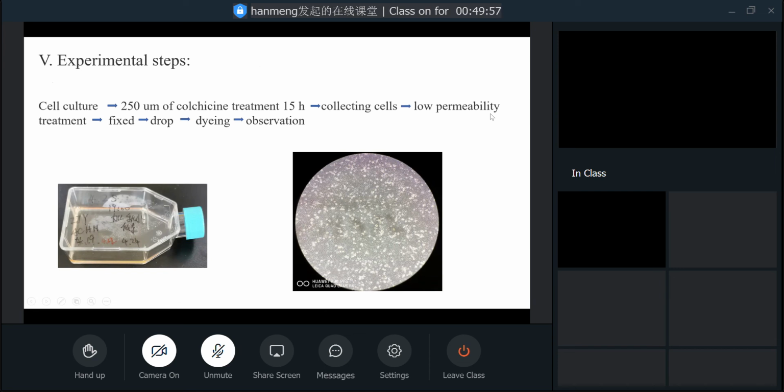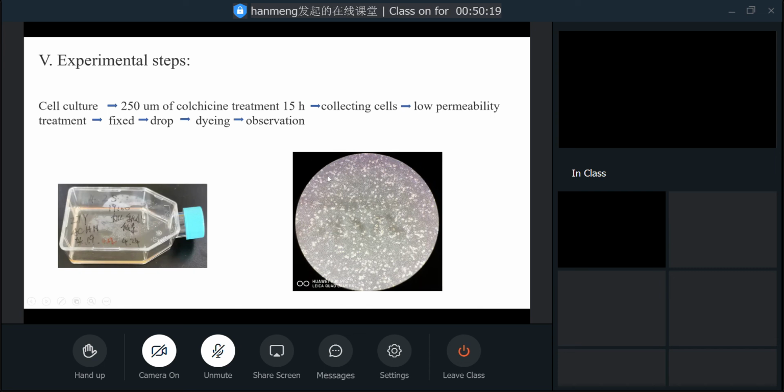The first picture shows the culture box, the cell culture in natural condition. The second picture shows you the cell morphology under a microscope.